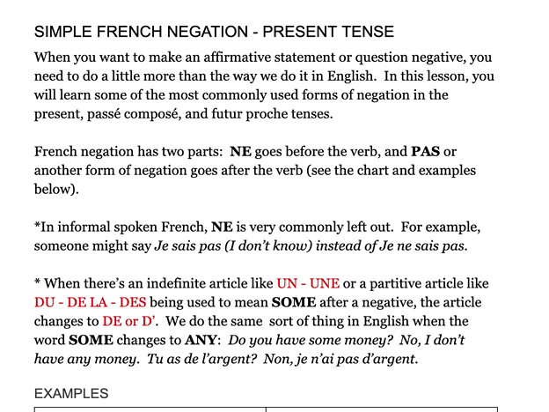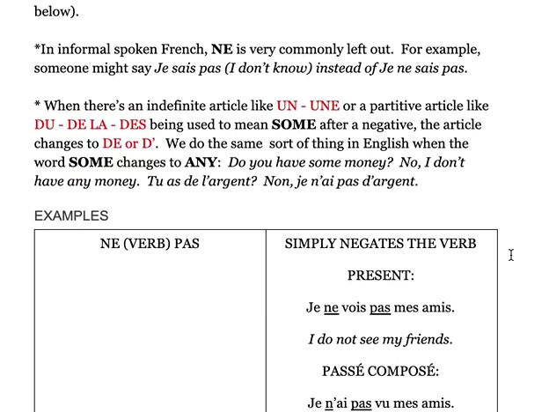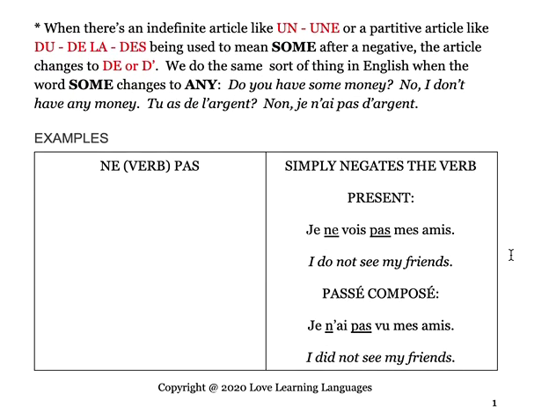Now listen, this bit here that I have written in red is really important. And I'm going to show you a way to wrap your head around it in English. When you have an indefinite article, un or une, or a partitive article, like any form of de that you see there, when we're using those in English to mean some after a negative, that article changes to de or d apostrophe.